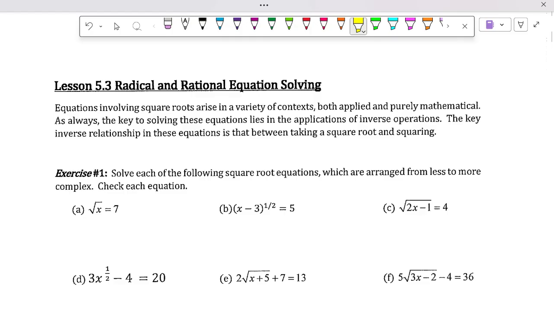All right. So again, equations involving square roots arise in a variety of contexts. And solving these equations lies in applications of inverse operations. All right. So inverse relationship in these equations that are between taking a square root and squaring.